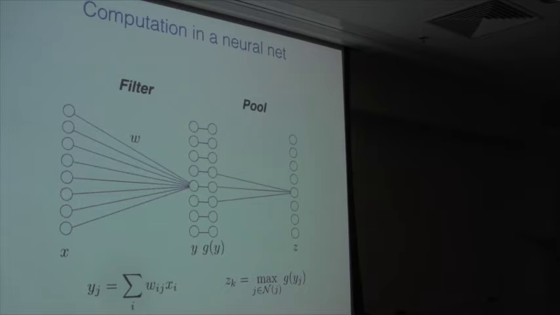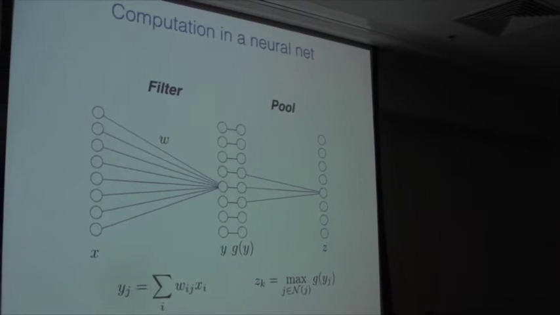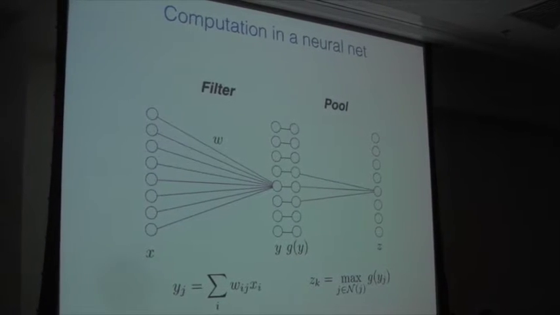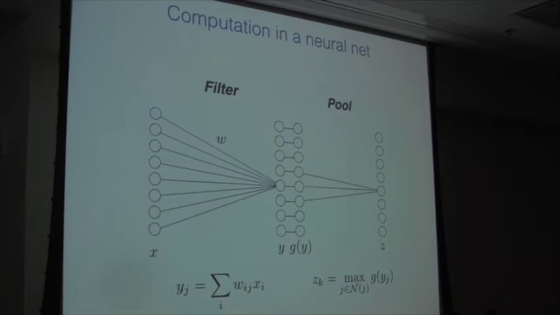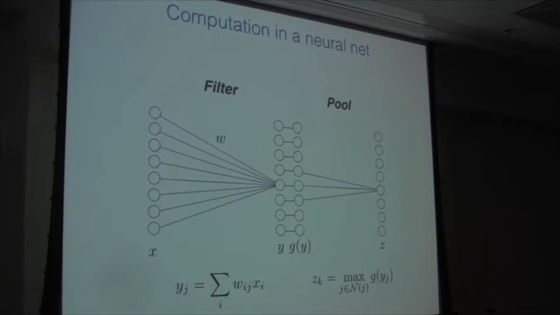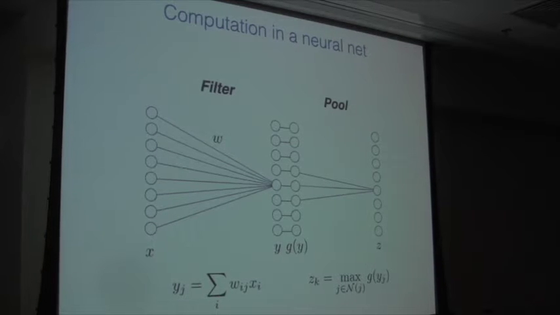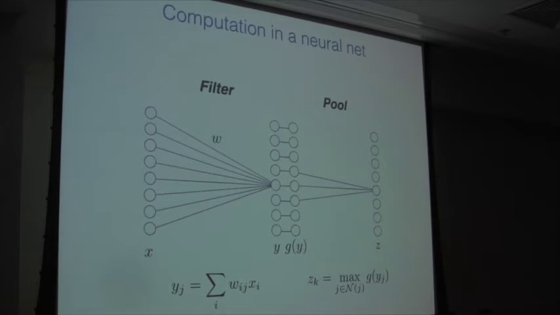That just says for every output node in the final layer Z there, you take the max over some local set of inputs. So it's a really simple operation, and this set of operations here is the basic computational unit that's going to be repeated over and over again to make really powerful algorithms.